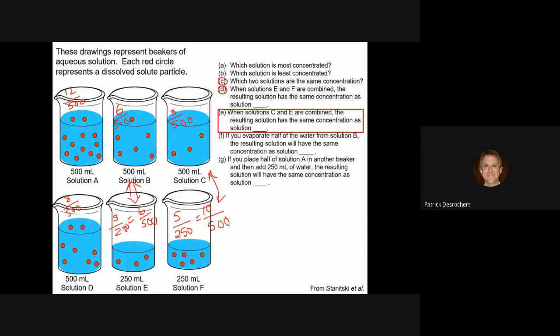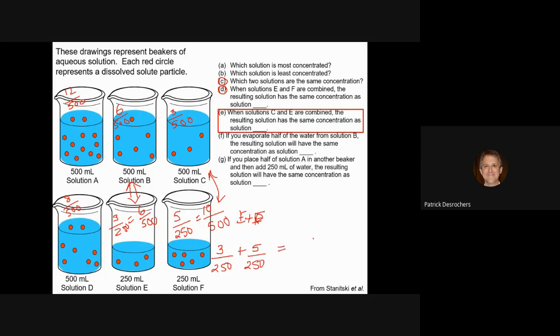So do we have an answer for D? If I mix E and F, I got to do the math. You guys are way ahead of me. So I'm going to mix 3 over 250 plus 5 over 250.